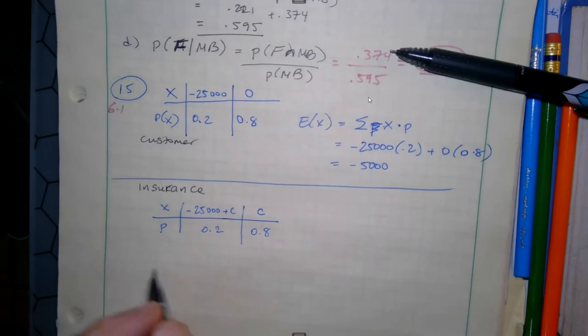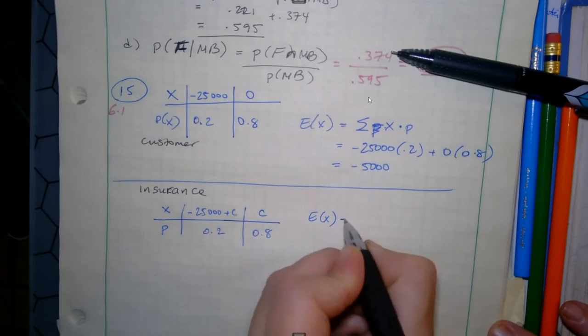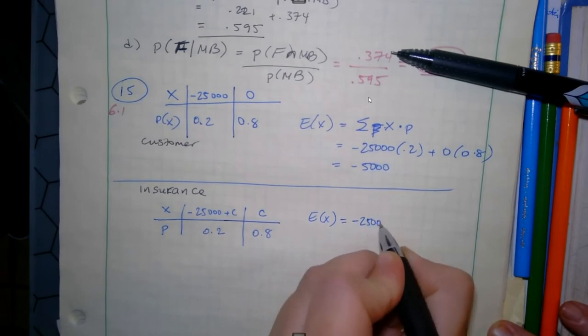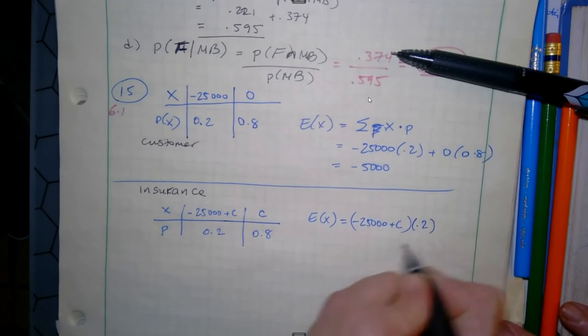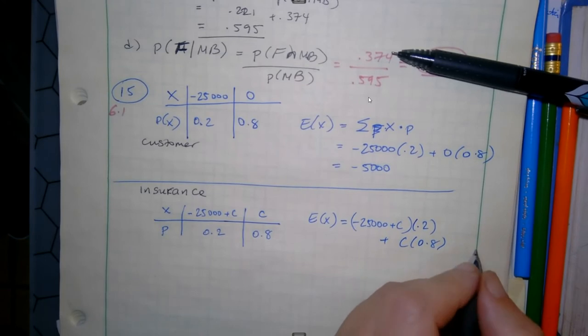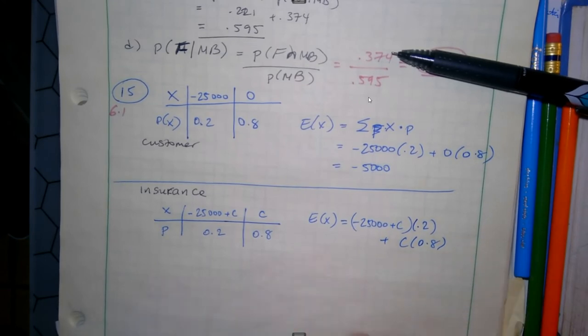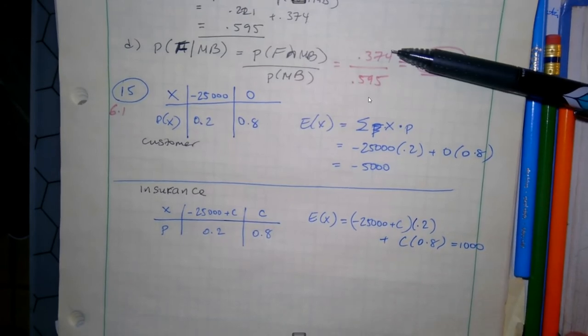So what we want to do is we want to make this equation work out so that when we do negative 25,000 plus C times 20% plus C times 80%, they're saying we want the expected gain for the company to be $1,000. So we're trying to solve this guy. Okay.